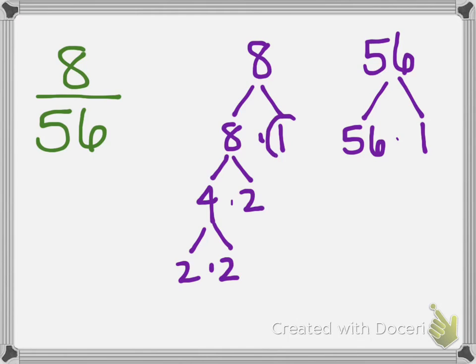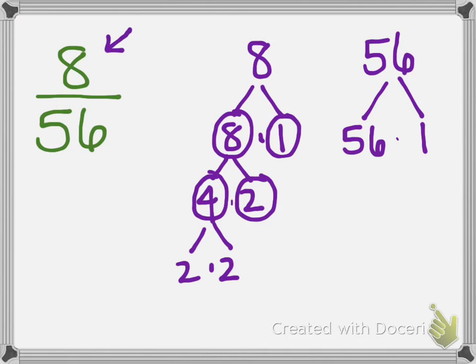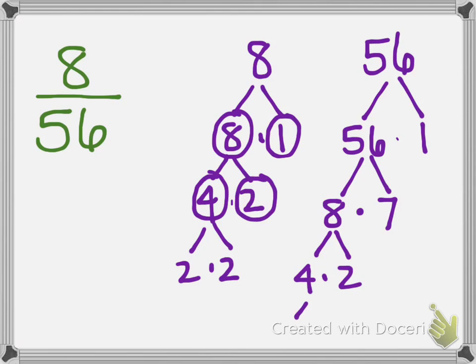So we can see that 1, 8, 4, 2, these are all in play, because we can break the number 8 down by 1, 8, 4, or 2. Let's try 56. 8 times 7. And then we'll see that this can be broken down in the same way.